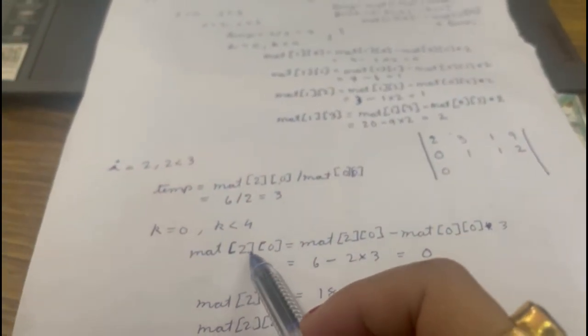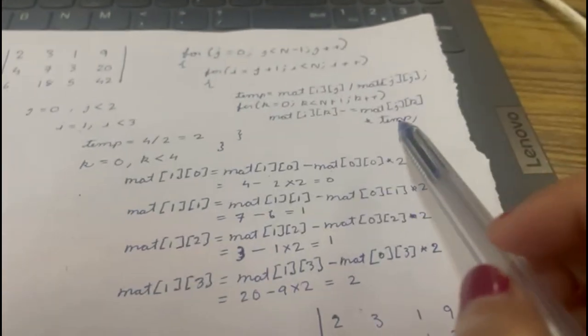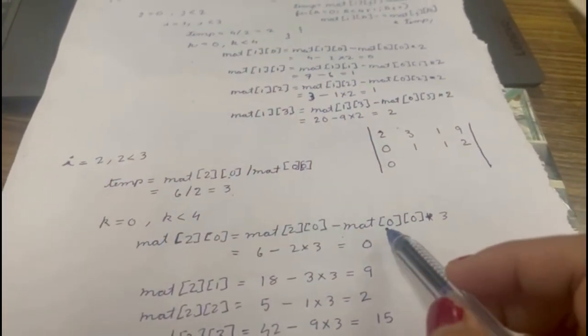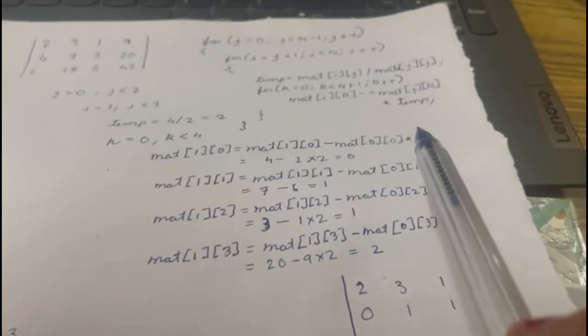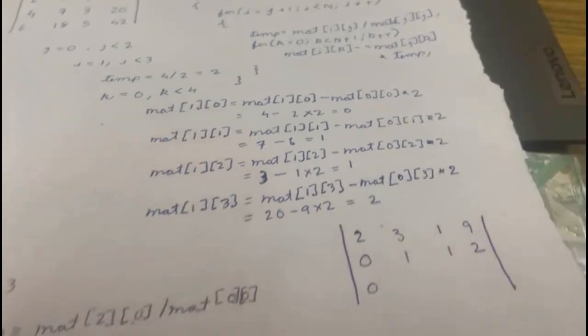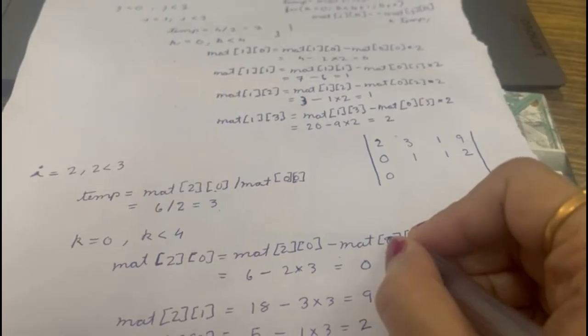Mat ik means I value is 2, k value we are starting with 0. Sorry, it is mat jk, not ik, and j is 0.